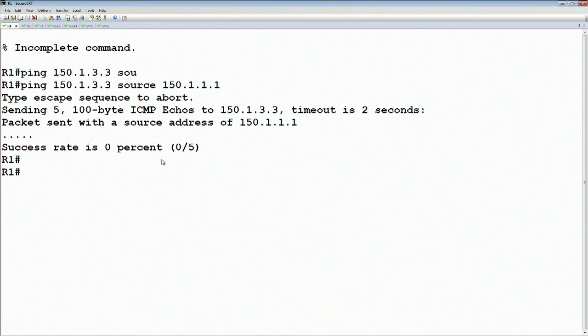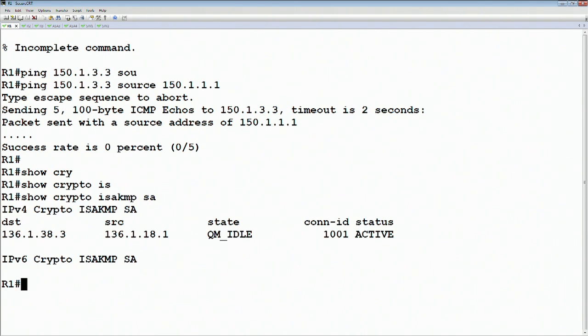Okay, so the first thing that we may want to look at then is, did the endpoints negotiate phase 1? So let's look at the show crypto ISAKMP SA. Now it says that the SA is in quick mode idle state. So it looks like the negotiation was correct. Let's go ahead and look at the phase 2 SA, show crypto IPsec SA.